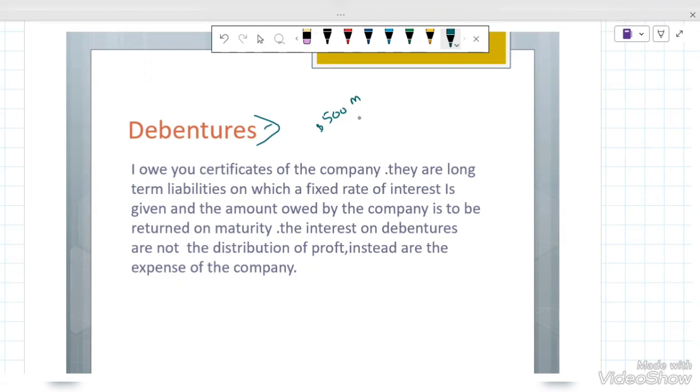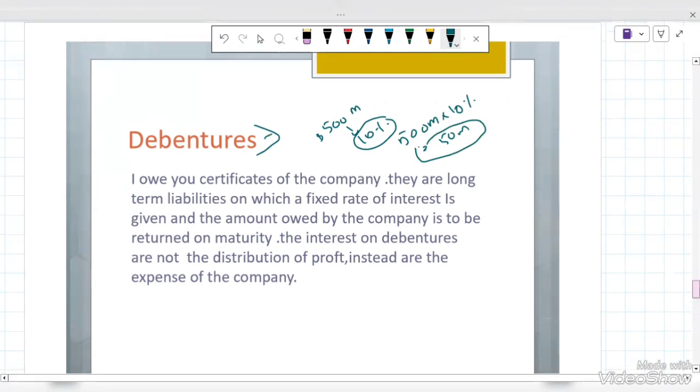If they say that the interest rate is 10%, just apply this 10% to 500 million. So if it is 500 million, you have to pay 50 million as your interest.